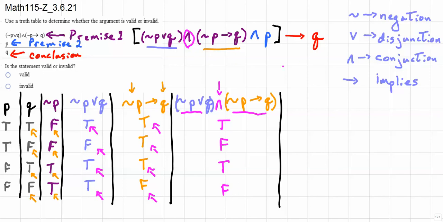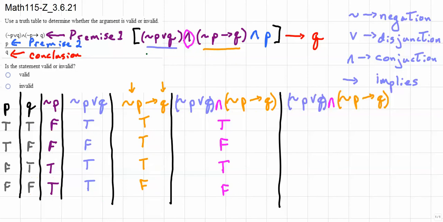And so we need to look at this entire statement here, and we then need to work with the and P. So we know that this statement here is true, and then P is true, so it is all true. This part is false.